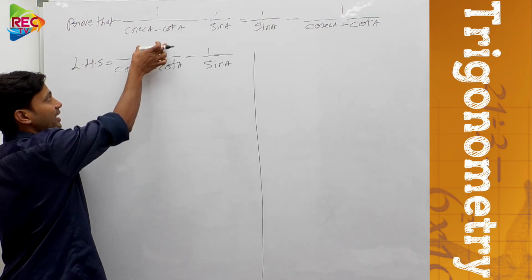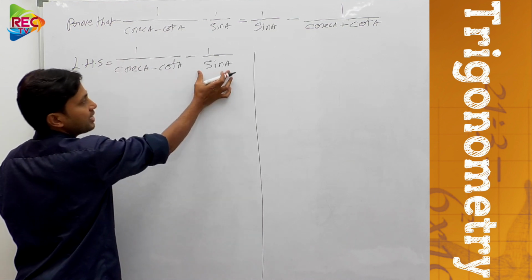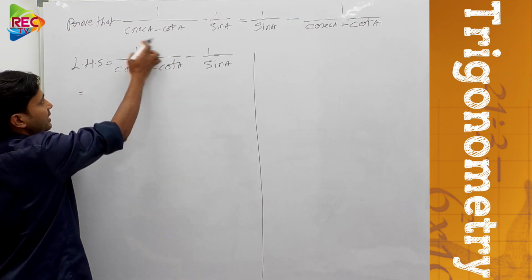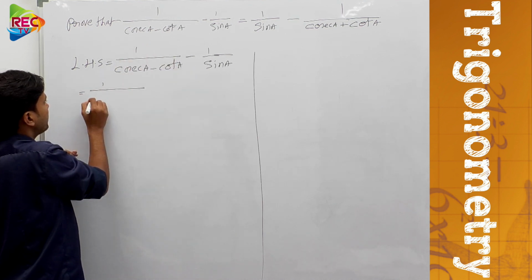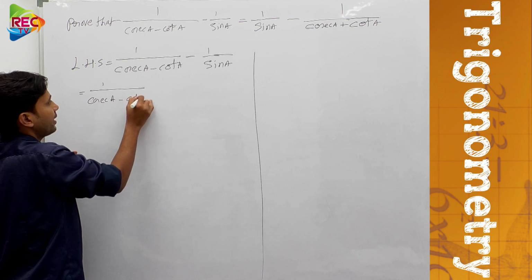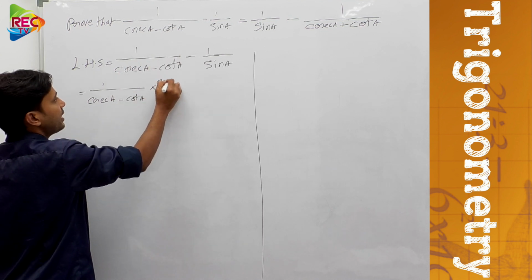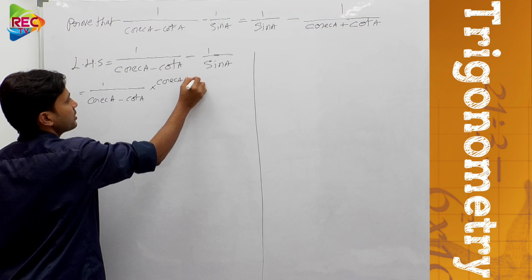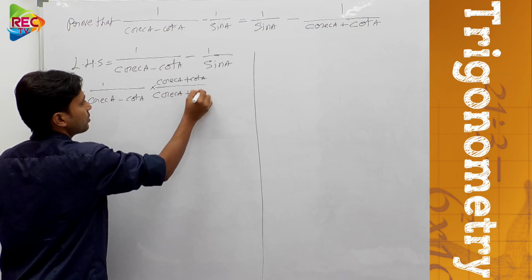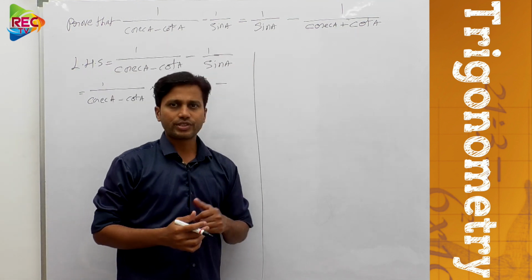So we can multiply and divide this fraction, we don't touch the other term, with cosecant A plus cot A. Multiply and divide with cosecant A plus cot A, and here minus 1 by sin A. Can we write this as cosecant A or not?